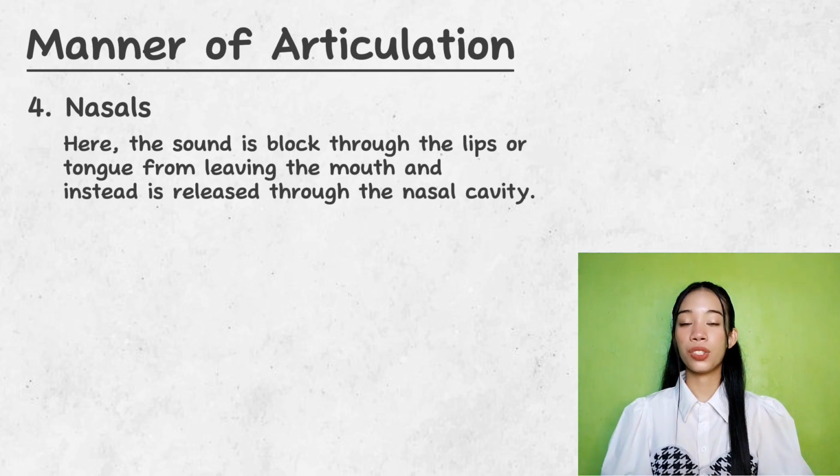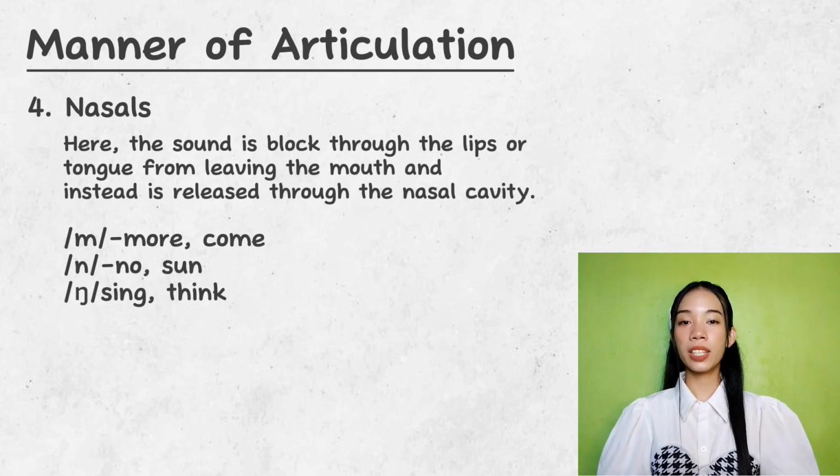Somewhere in the vocal tract is blocked from leaving the mouth, and instead the sound is released through the nasal cavity. Now, the nasal cavity is the big space from our throat up through our nose. And we have three nasals in total.